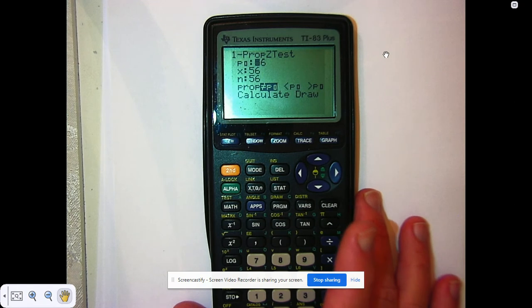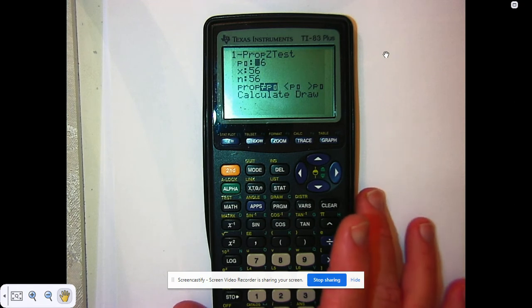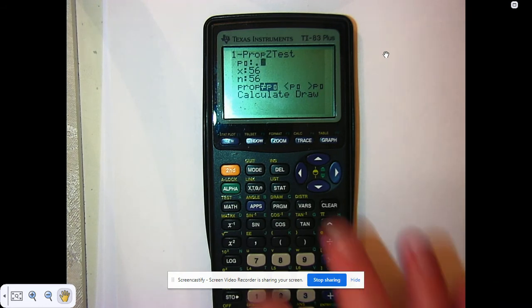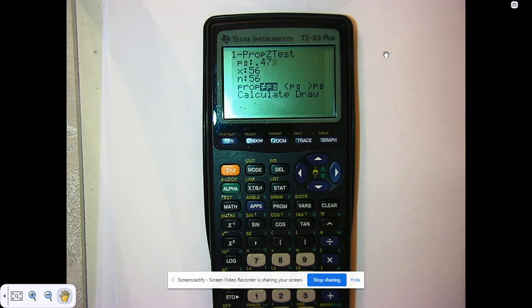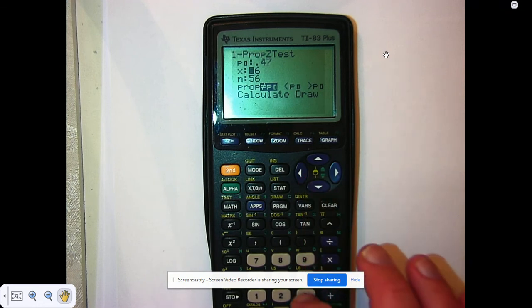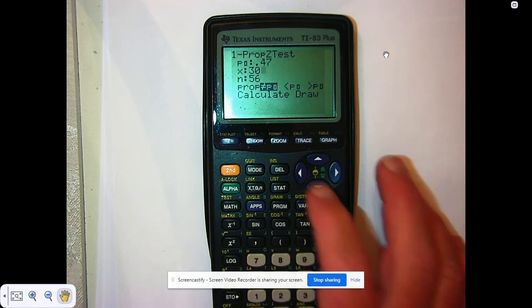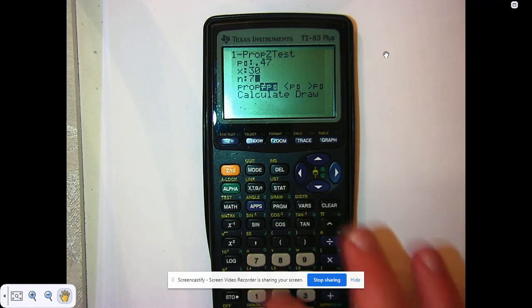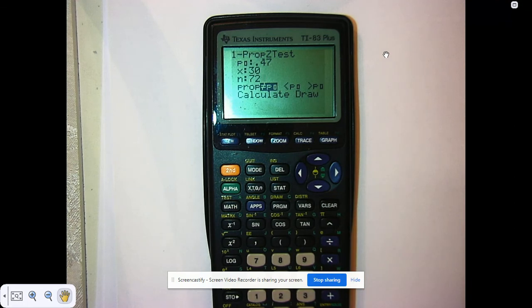Anyway, our hypothesized p on this problem, I believe, was 0.47. The number of yeses, the number of students in the sample that said they took pain medication, was 30, and the number of people in the sample was 72.